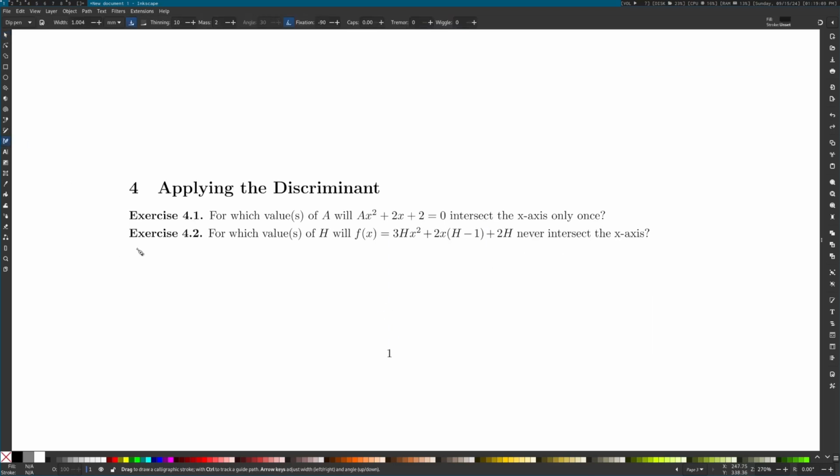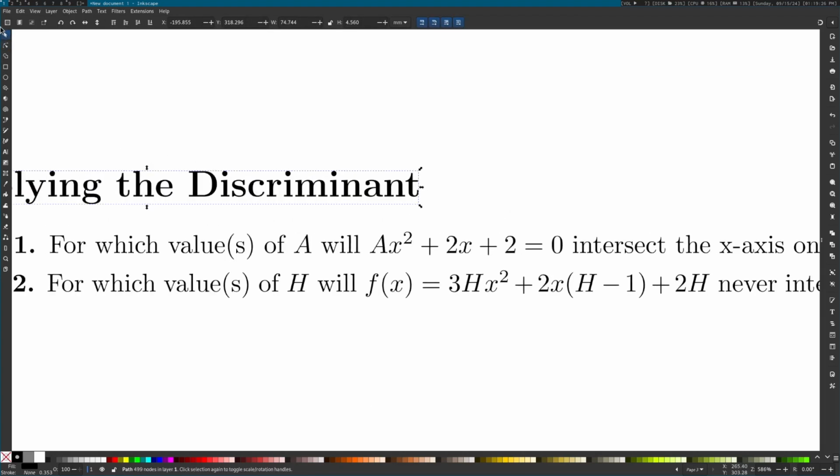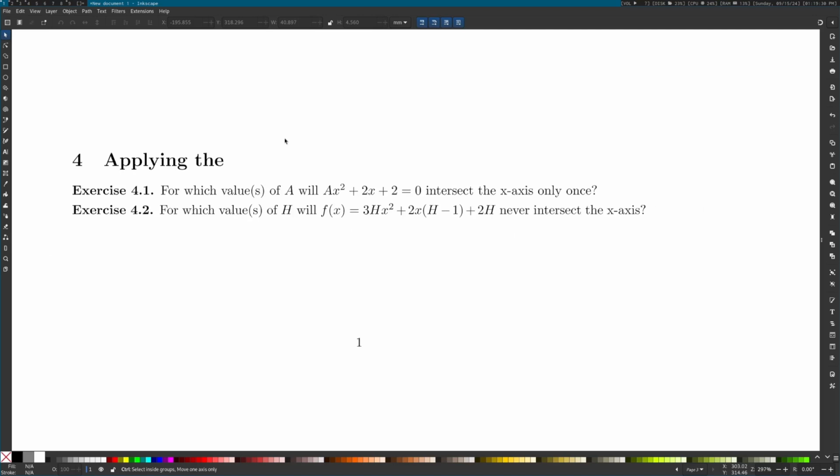Okay. For which value of a will ax squared plus 2x plus 2 equals 0 intersect the x-axis only once? So, well, let's pretend this wasn't here. What would you use in this problem?